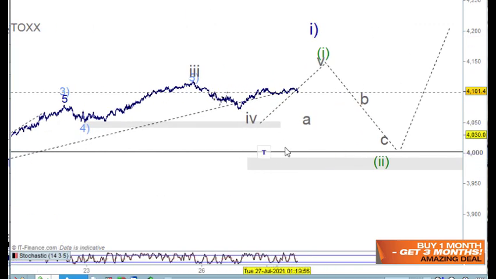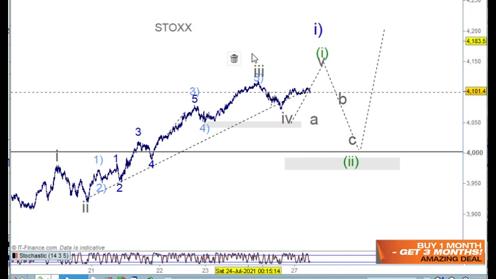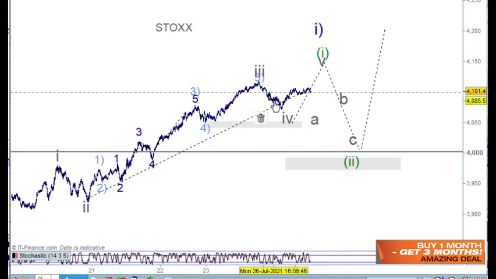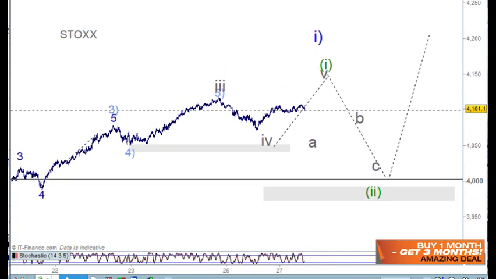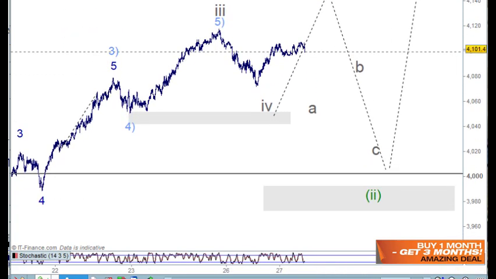Looks like this wave 4's done and dusted here, actually. Let me just check on that.